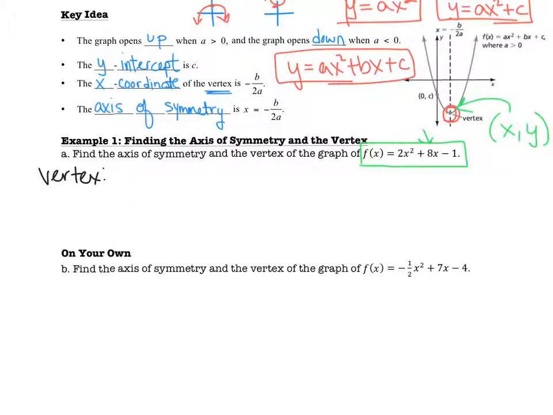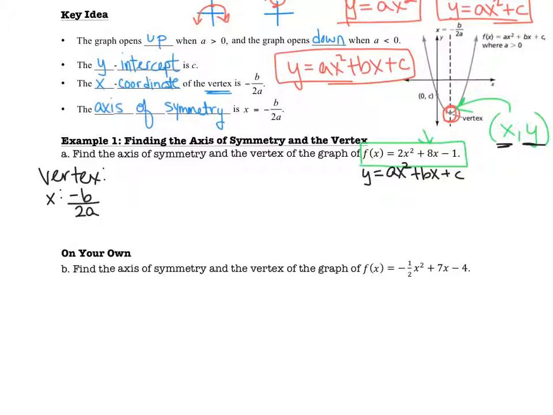And your vertex has two parts. It has the x-coordinate and the y-coordinate. So for the x-coordinate, we're going to use negative b over 2a. Well, if you don't know what b and a are, let's verify what they are. This formula is ax squared plus bx plus c, and your function f of x equals.